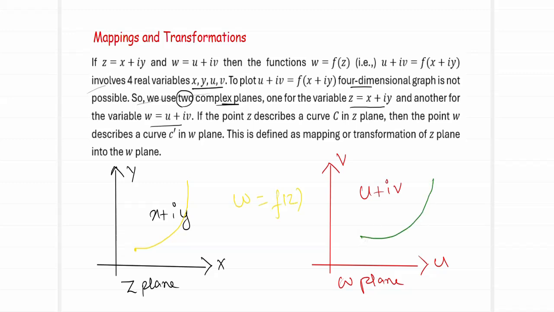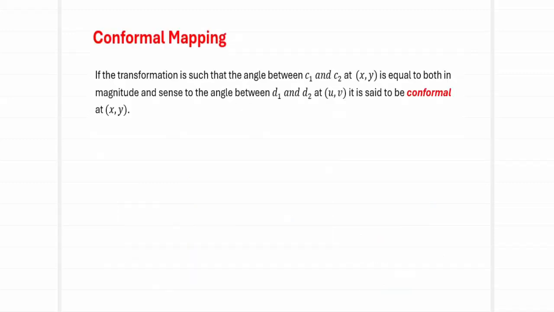So whatever is going to be the input, w equal to f of z converts it to the w plane, and then an identical transformation or mapping is defined in your w plane. Now this is about mappings and transformation.